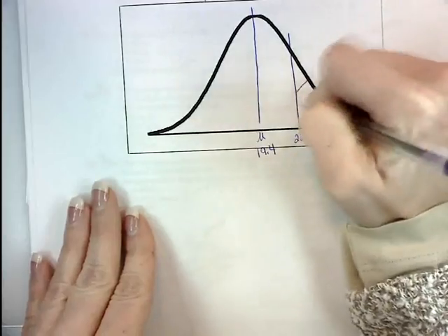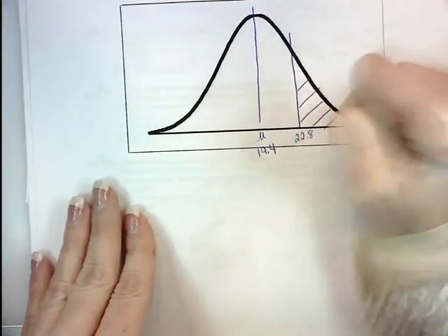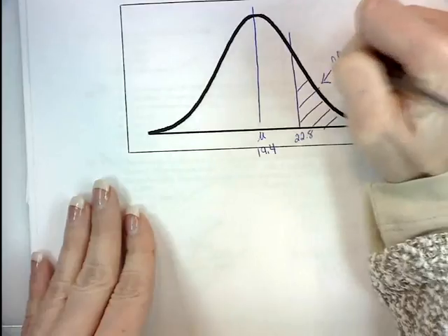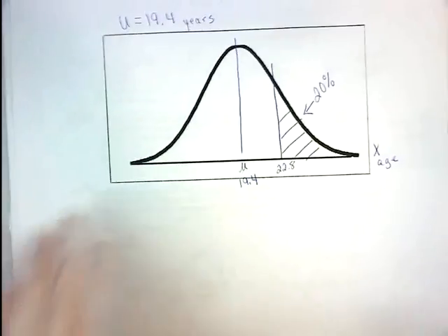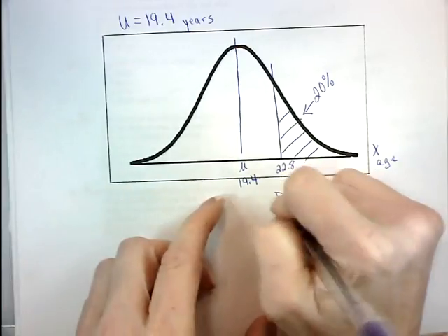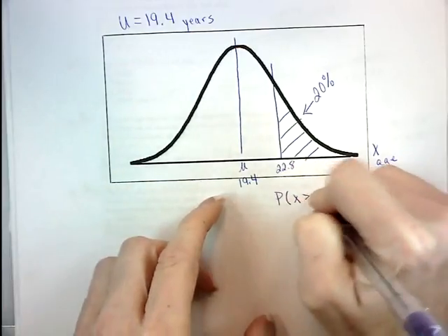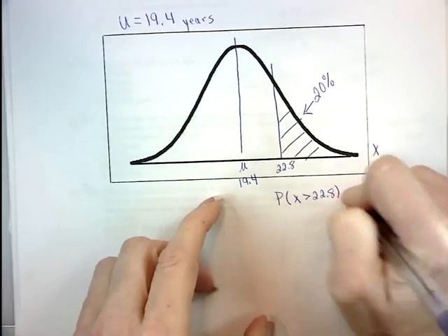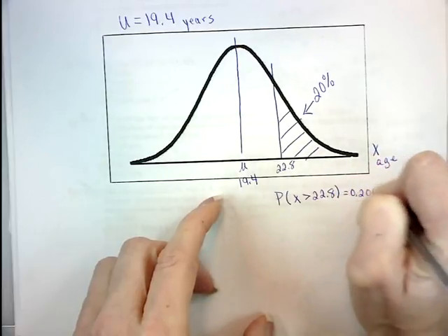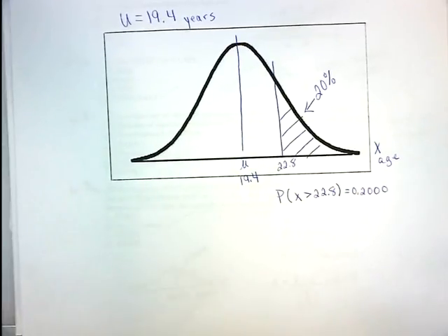And 20% of the cars are older than 22.8 years. So basically, the probability that X is above 22.8 is 0.2000. That's what they've given us.